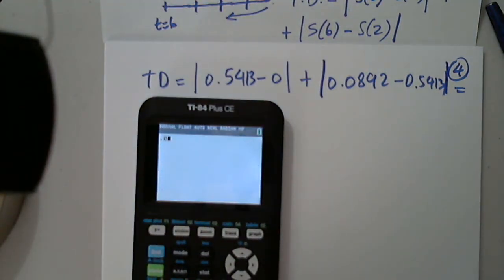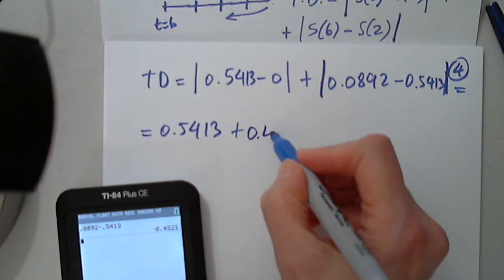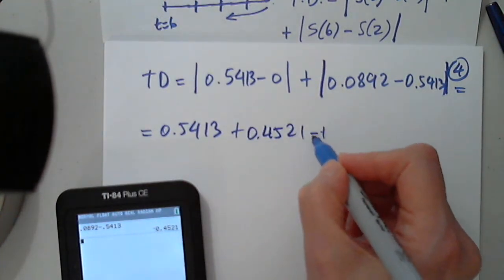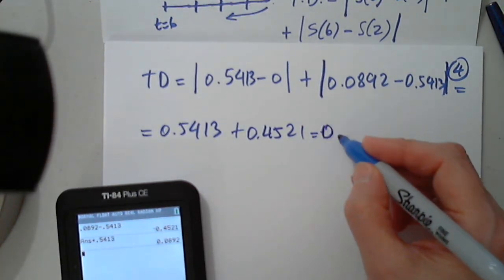So what is it? 0.0892 minus 0.5413. Lazy people use a calculator for a simple subtraction. So with the absolute value, I have 0.4521. So then I add 0.5413. Okay, and I got 0.